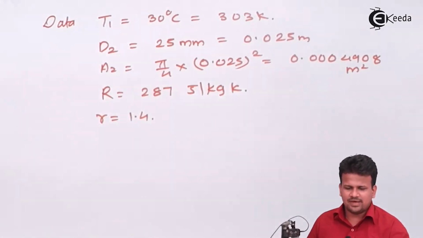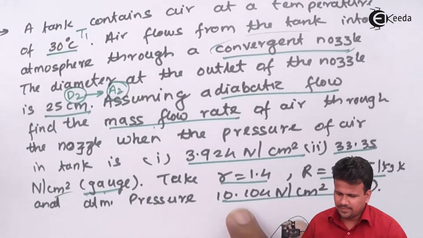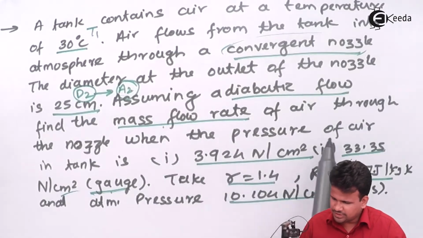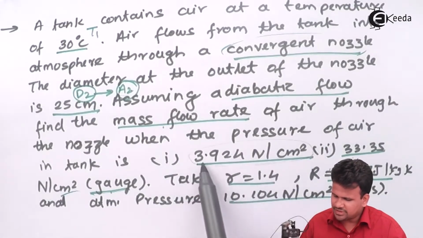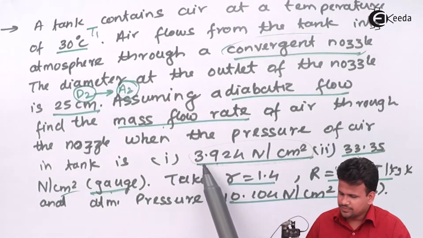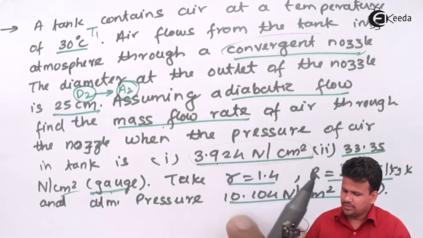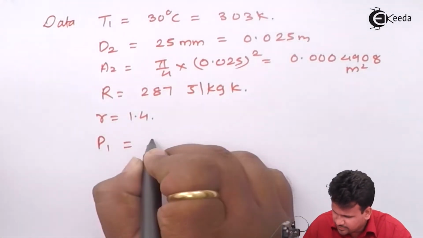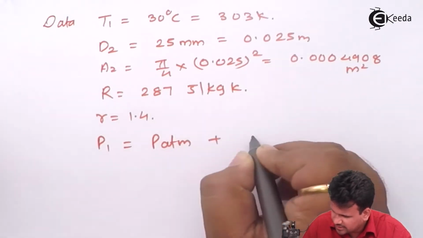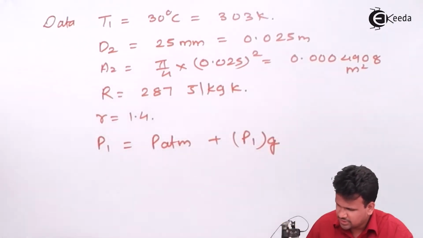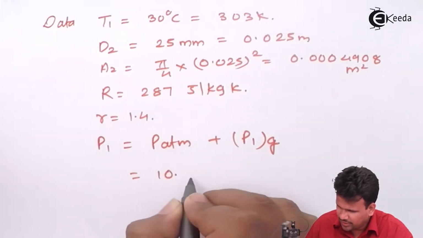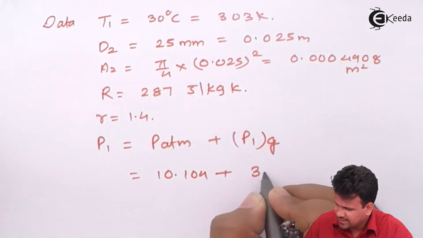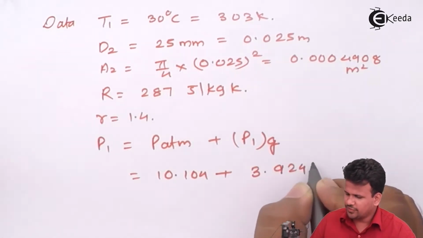Now the next thing is that the tank contains air and the pressure of air in the tank is 3.924, that is gauge pressure. So P1 will be equal to P atmosphere plus P1 gauge pressure. So this will be 10.104 plus 3.924.